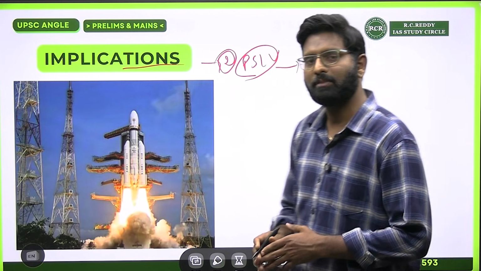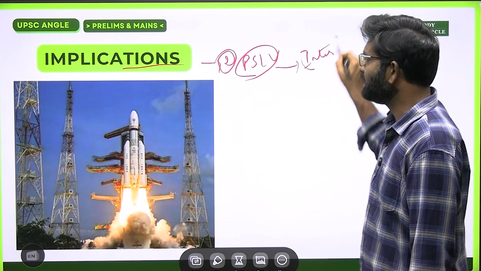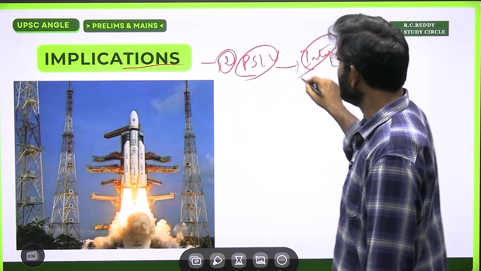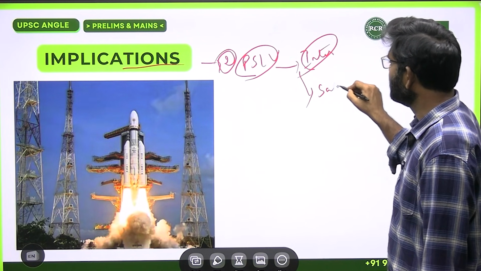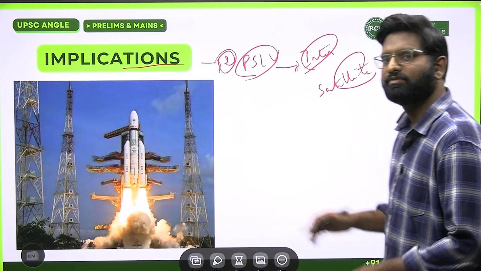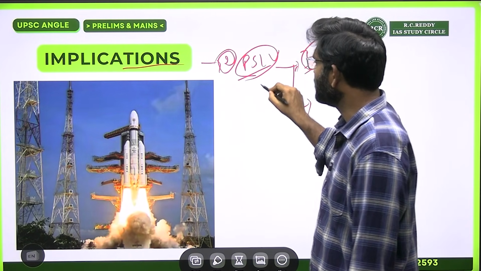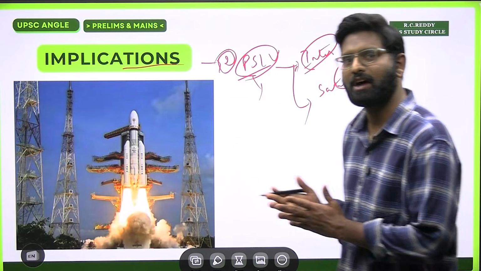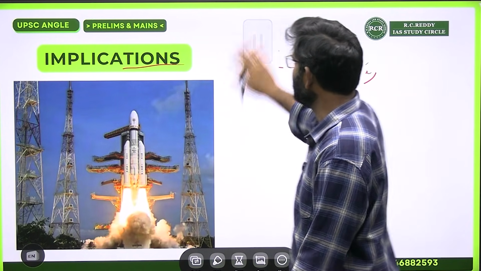International insurance markets have now entered the space sector also. In order to insure our satellites, the premium will be more because of successive failures. This will also have a deleterious impact on PSLV affordability. PSLV could become unaffordable because of the increase in insurance. So these are the main implications.